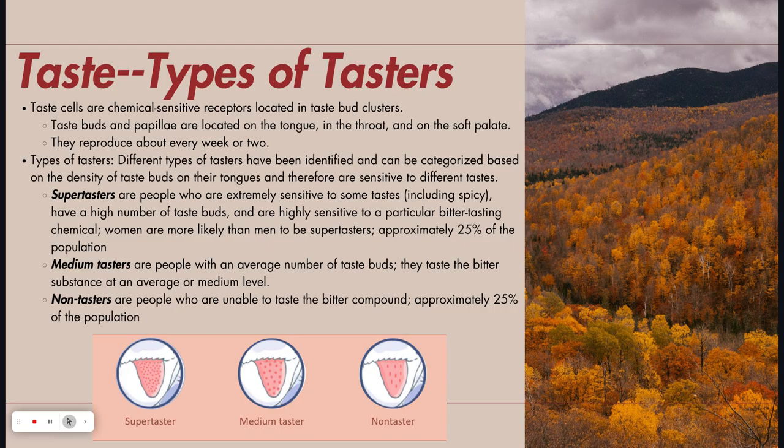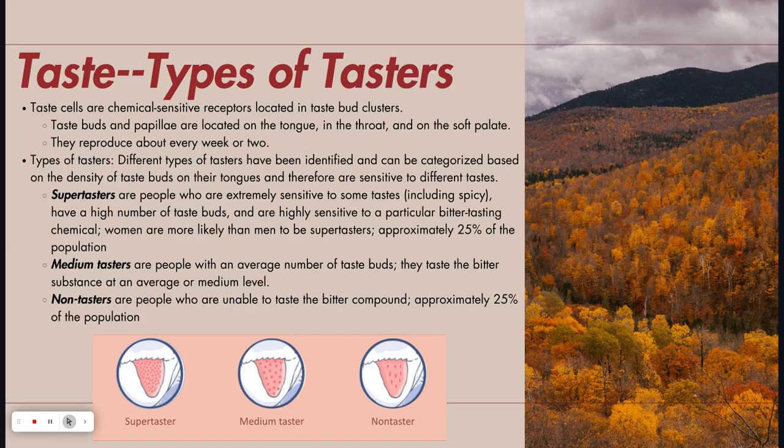This means that they're extremely sensitive to some tastes, particularly spicy, and most likely really sensitive to bitter tasting foods. So if you're someone that maybe can't stand the taste of coffee, or you have a really hard time eating bitter vegetables like broccoli or Brussels sprouts, there's potentially you might be a super taster, and that's why.